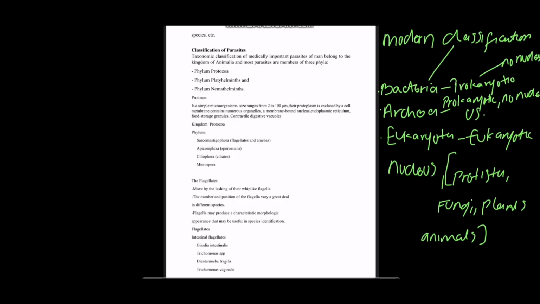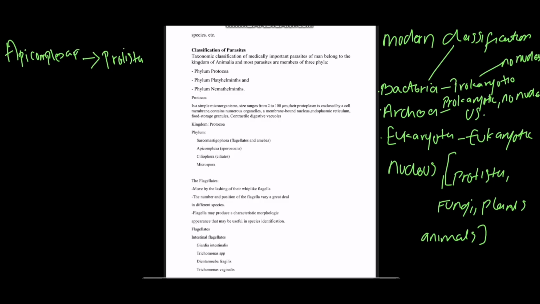All right. So in modern terms, Apicomplexia, which was formerly a subphylum of Protozoa, now belongs to the kingdom Protista. Yes, it now belongs to the kingdom Protista.